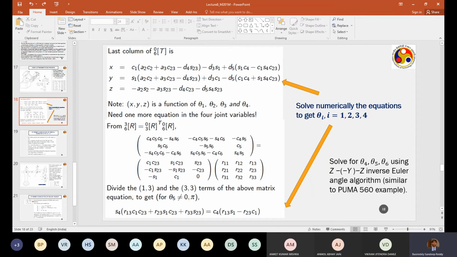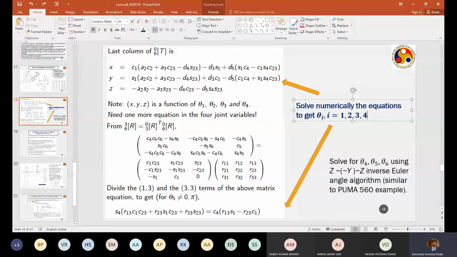Let's see if it opens, then we'll do it. But that's what numerically means. Solving numerically means that there is a command, and there are several numerical methods.